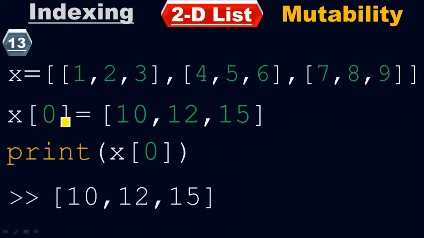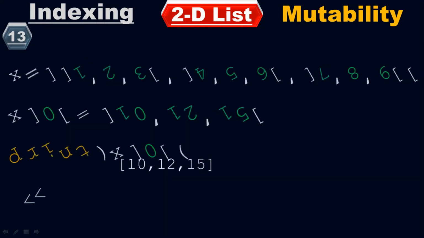Therefore, x of 0 equals to this list means that at 0 index number, which is this complete item, it will be replaced by this new list. Therefore, when you take the print of x of 0, you will get this new list, not the old previous list, because it has been replaced, it has been changed by this new list.